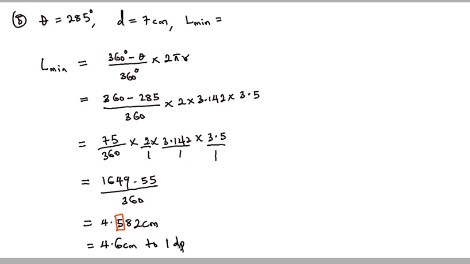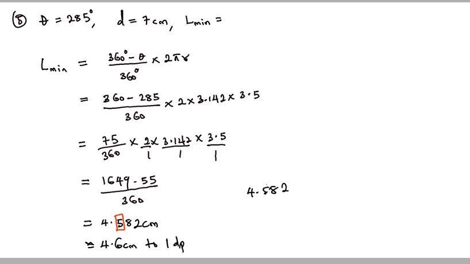So the one that best suits is option A, 4.58 centimeters. In that case, they had to approximate to 2 decimal places, so my answer would be 4.582 in 2 decimal places.